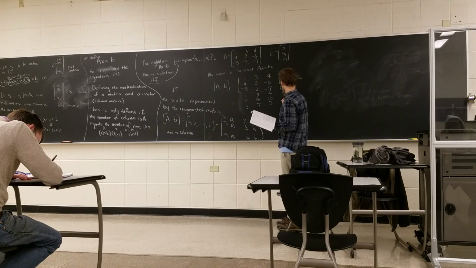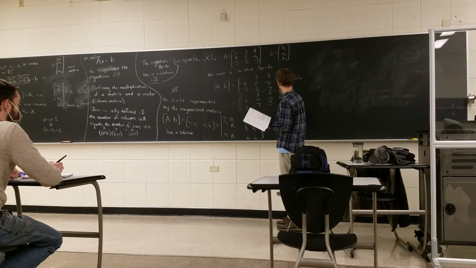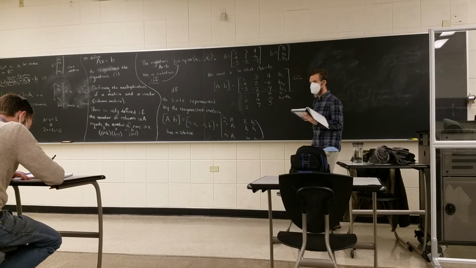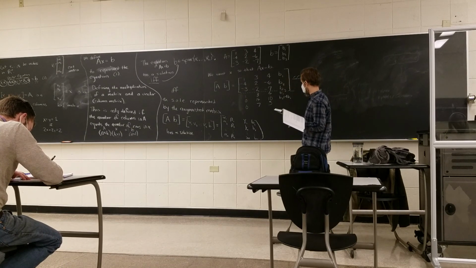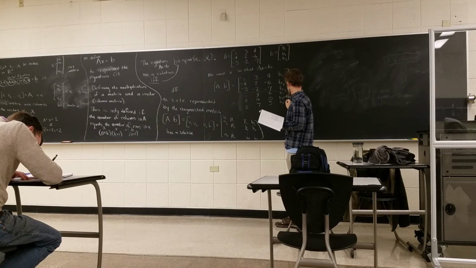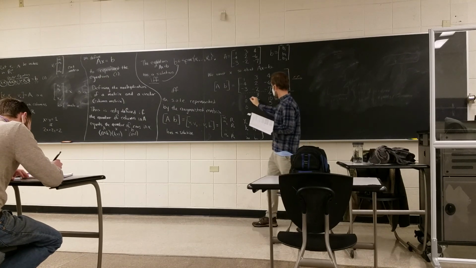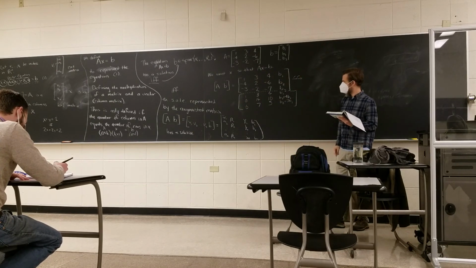But on the b's, what we get is, well, this one stays b1. This one is b2 plus 4b1. Right? We added 4 times this to this. And then 3 times this to this. So we get b3 plus 3b1. Is that 4, 10, 5?